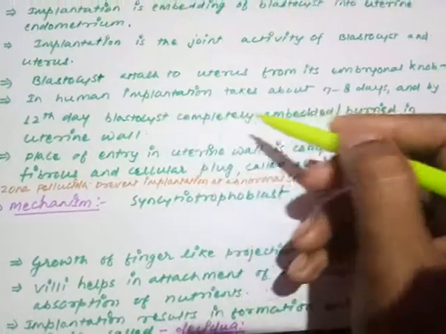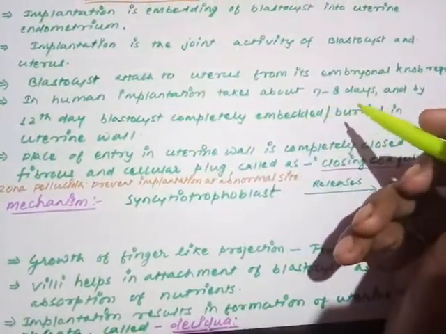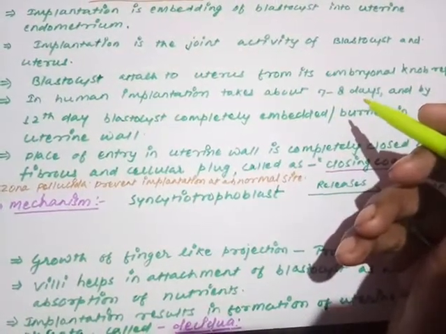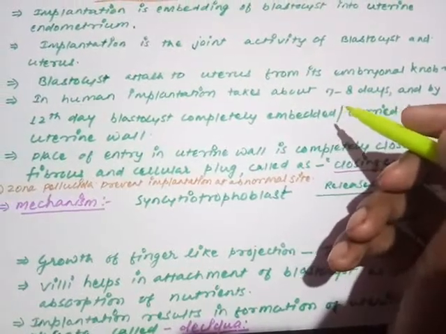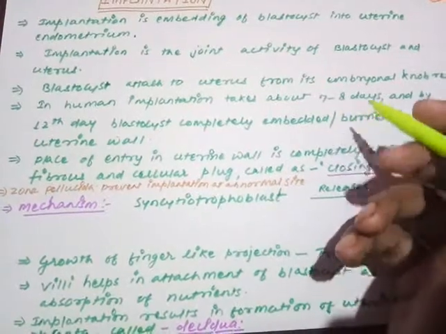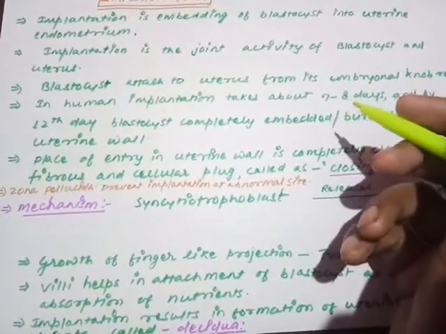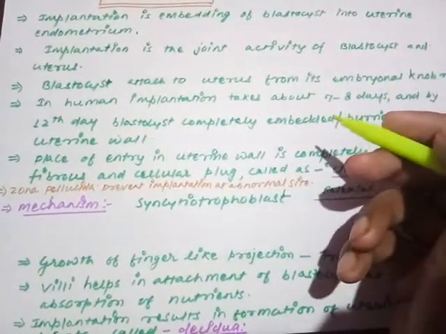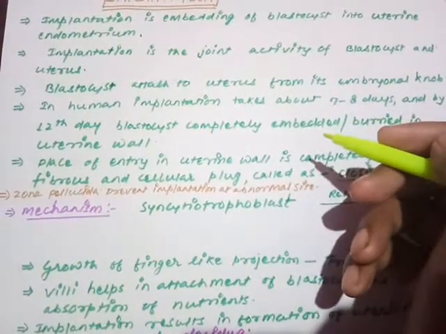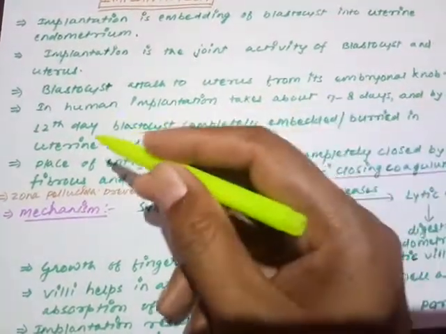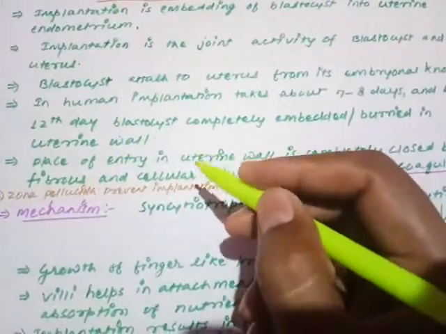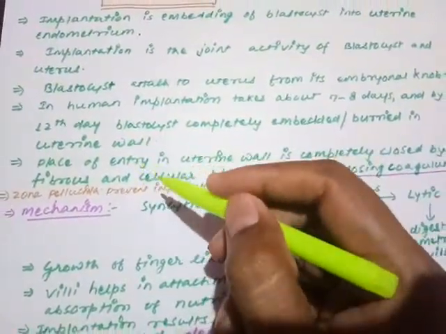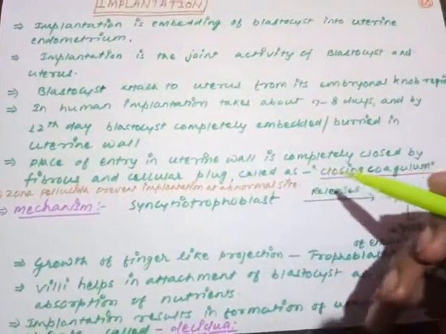The attachment of the blastocyst to the uterine endometrium starts in the 7 to 8 days, but the complete burying of the blastocyst in the uterine wall takes around 12 days.